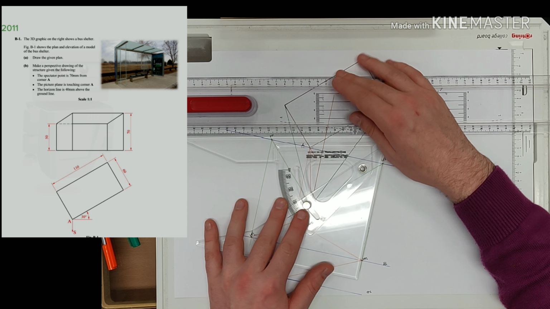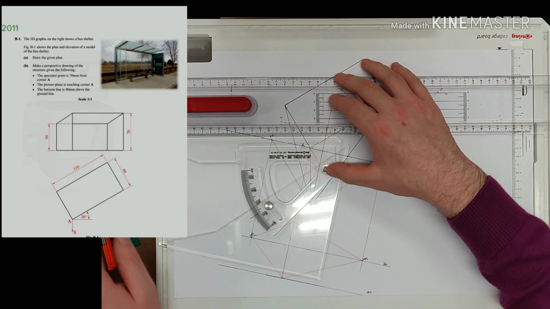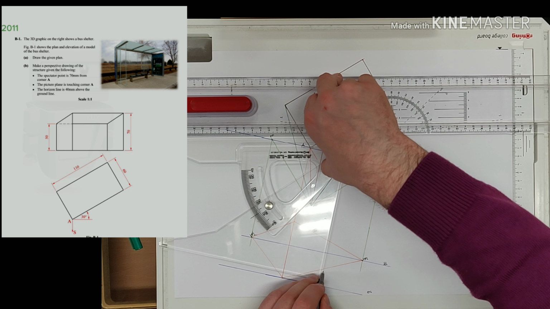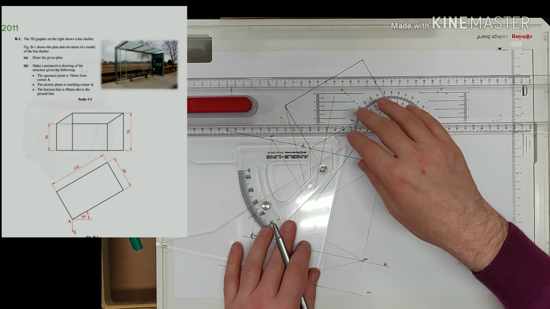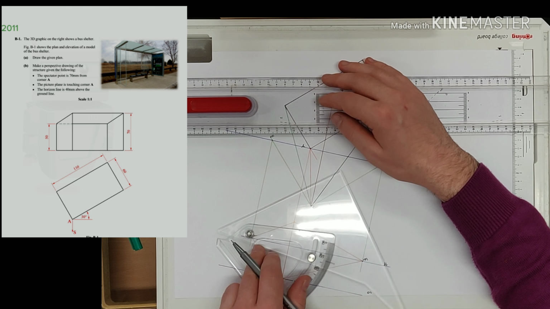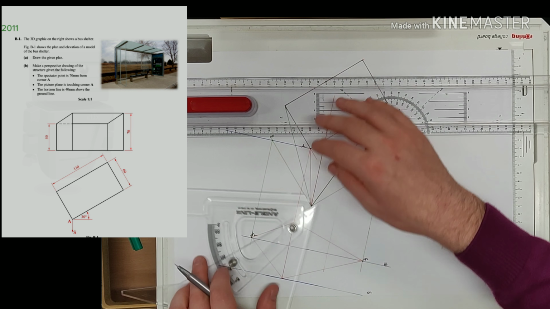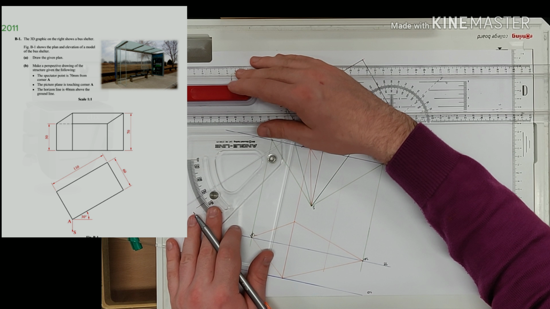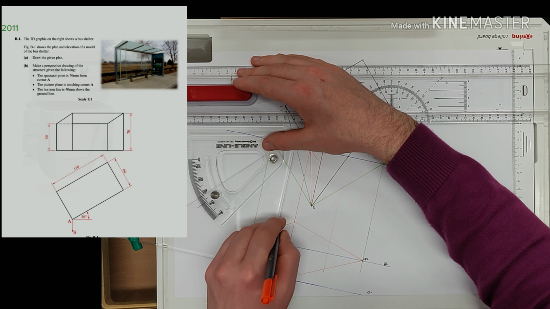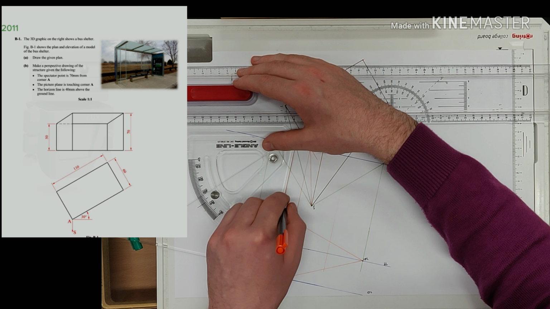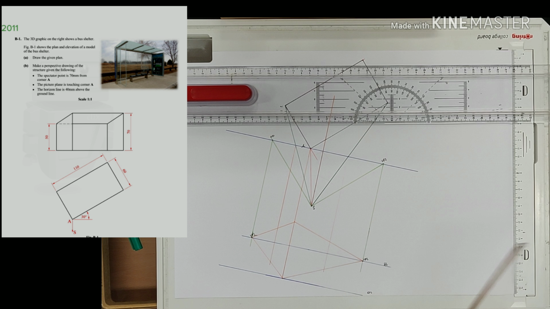Again, we're still moving parallel. I'll drop him here. And I'm going to do the same then with this guy. So we can see that these are our two endpoints.